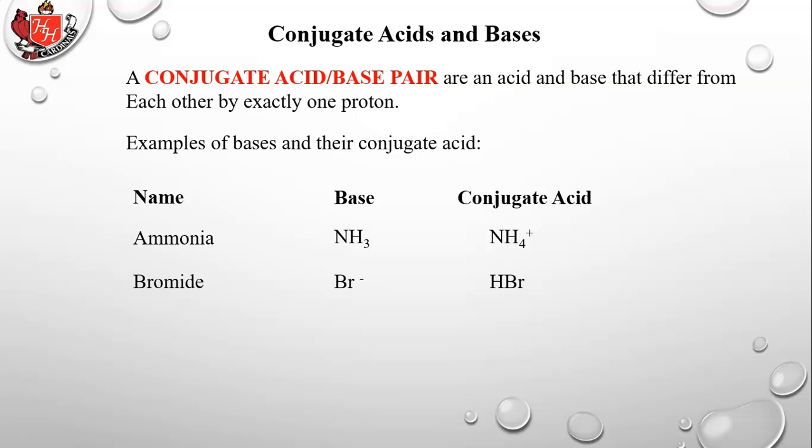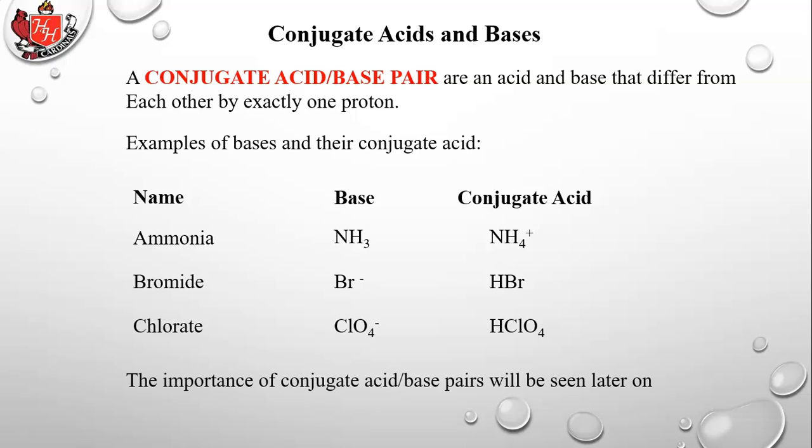Bromide, Br-: if you add a hydrogen to that, it becomes hydrobromic acid, HBr, a difference of exactly one proton. Perchlorate, ClO4-: you add a proton to that, and it becomes perchloric acid, HClO4. The importance of conjugate acid-base pairs will be seen later on.